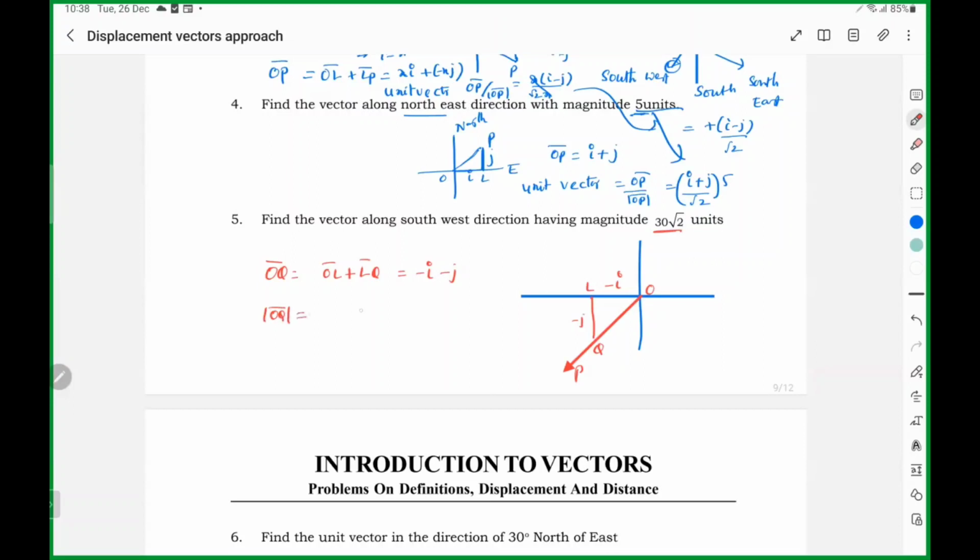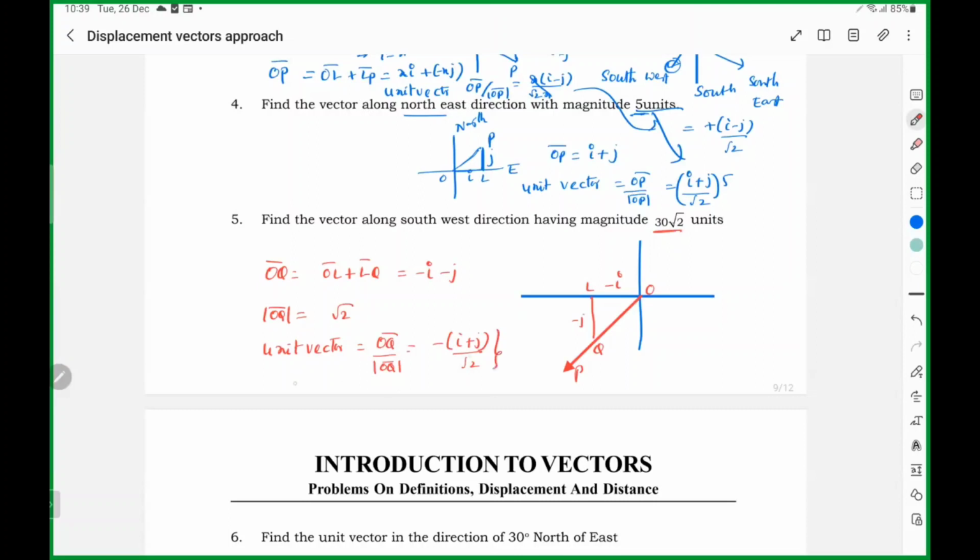First you find the magnitude and the unit vector, OQ bar by mod of OQ bar, and you want a 30 root 2 units vector.